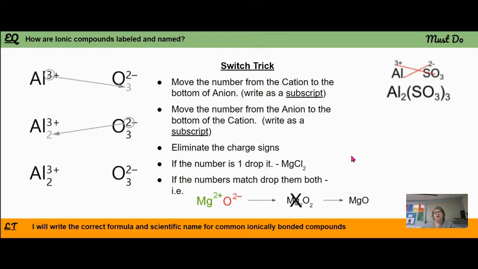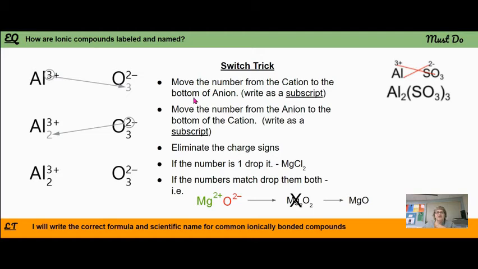Okay, there is a quicker way to do this. If we write each of the 2 ions, I write aluminum 3 plus and oxygen 2 minus, right?